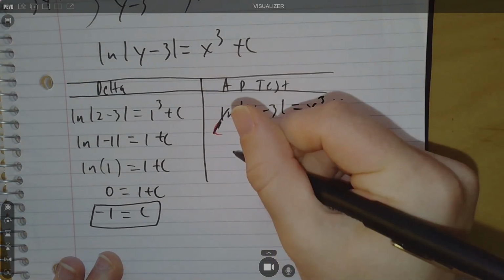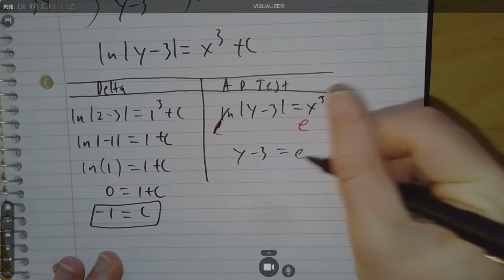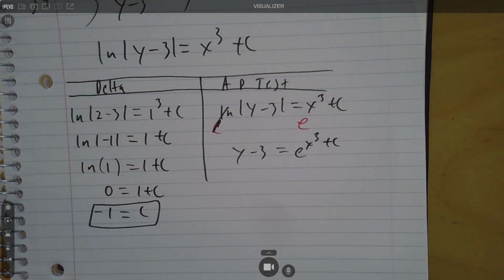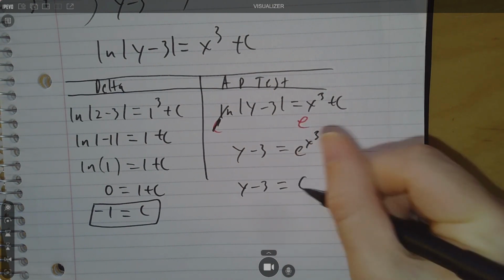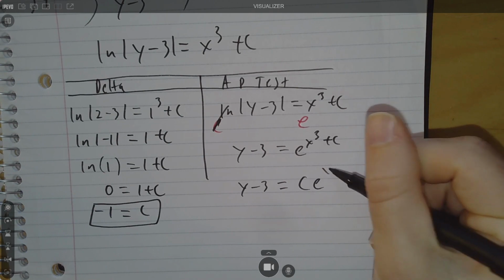And so you'll get y minus 3, that absolute value can go now, equals e to the x to the third plus c. Then using the trick that I just gave you here, they bring that c out front. So then just rewrite it as y minus 3 equals c e to the x to the third.